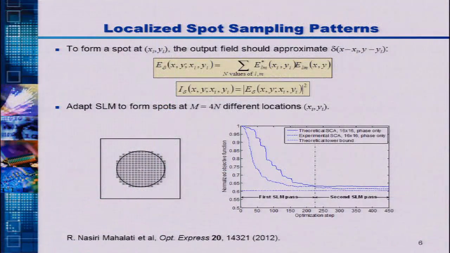So let me describe 2 modalities of imaging that we use. The first modality of imaging is where we just formed a spot of light and scanned it back and forth.